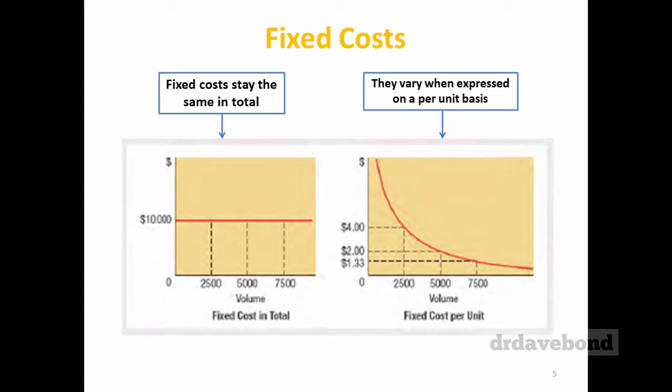You have one person turn up, fixed cost of 10 grand. That's 10 grand if only one person turns up. With 5,000 people, that's $2 a person. That 10,000 is being spread across them. You have 10,000 people turn up, it's $1. The more units you push out, or the more people turn up, the cheaper it is. That fixed cost gets spread out across more people. You want more people turning up.